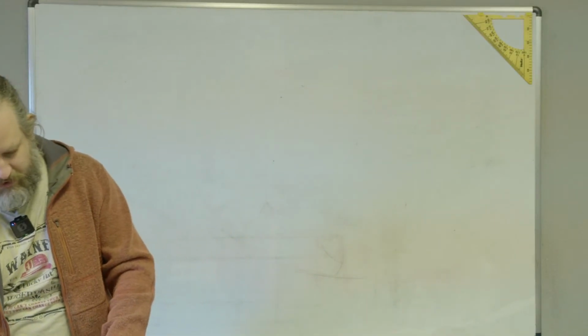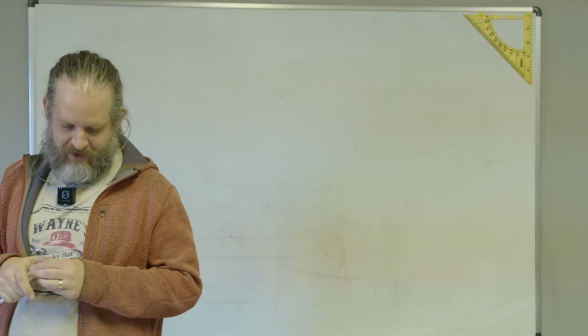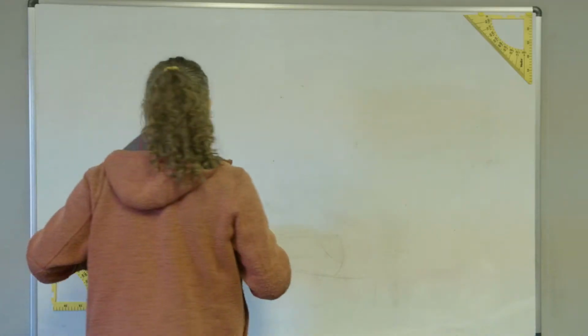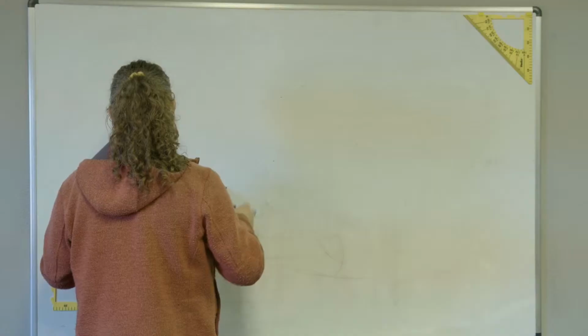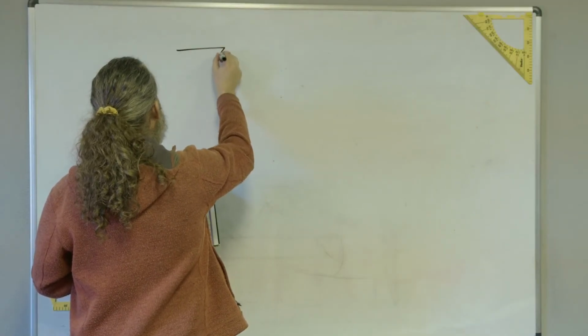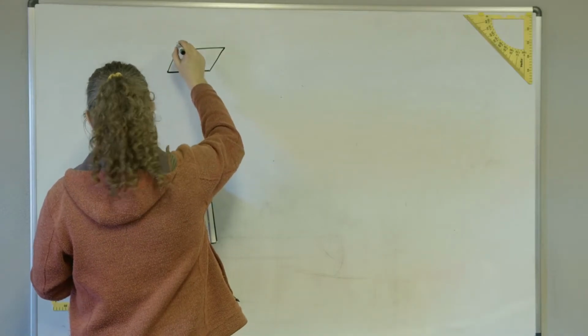Number 26 is one of those where it's wanting you to prove one of the theorems that it gives you in the book, right? So you can't use that theorem to prove it. So we are given that this is a parallelogram, right?